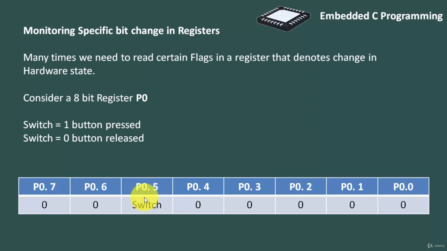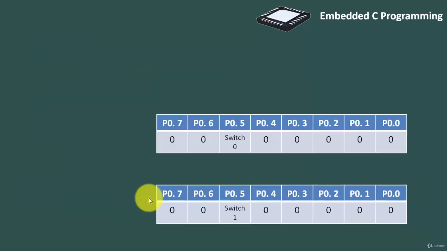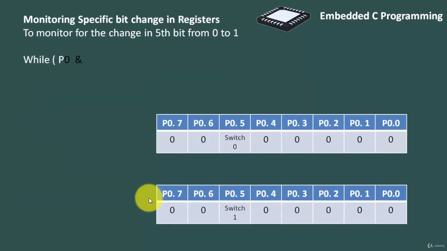In the simplest approach, we can continuously scan for changes in this bit position of register P0 by using a while condition like this.